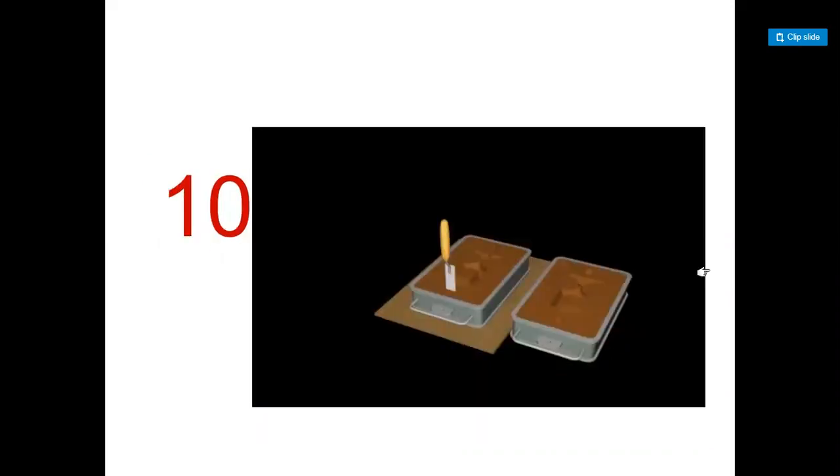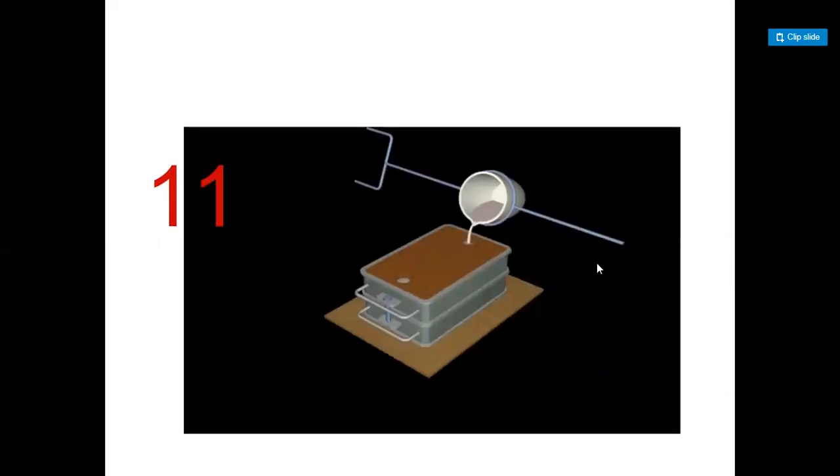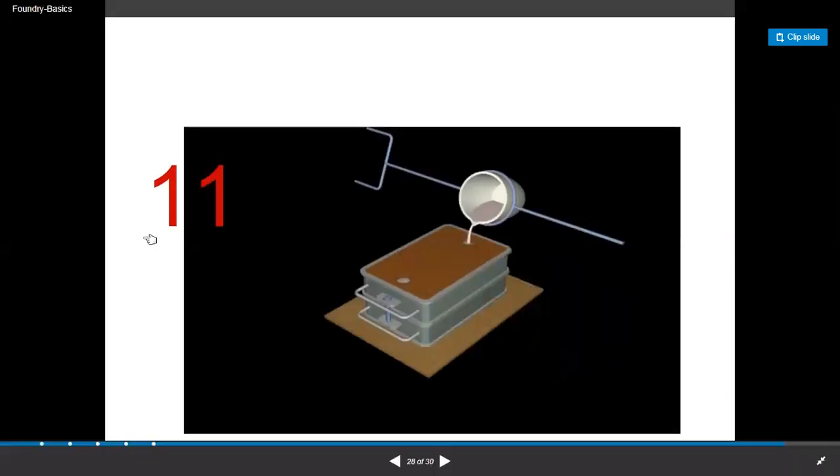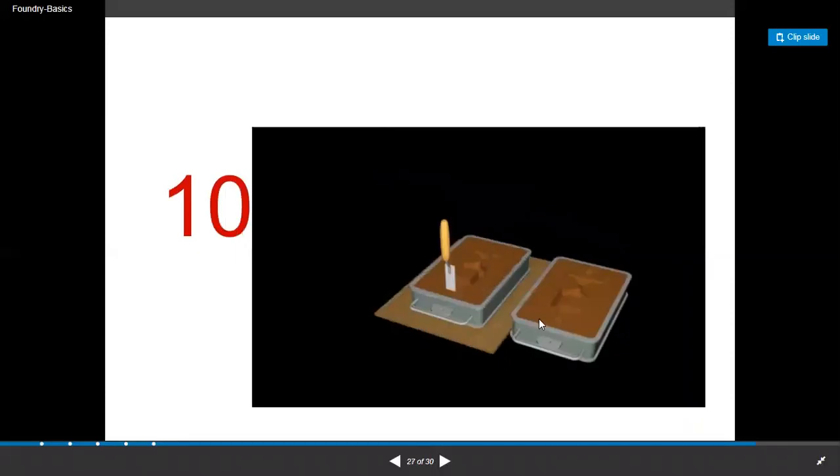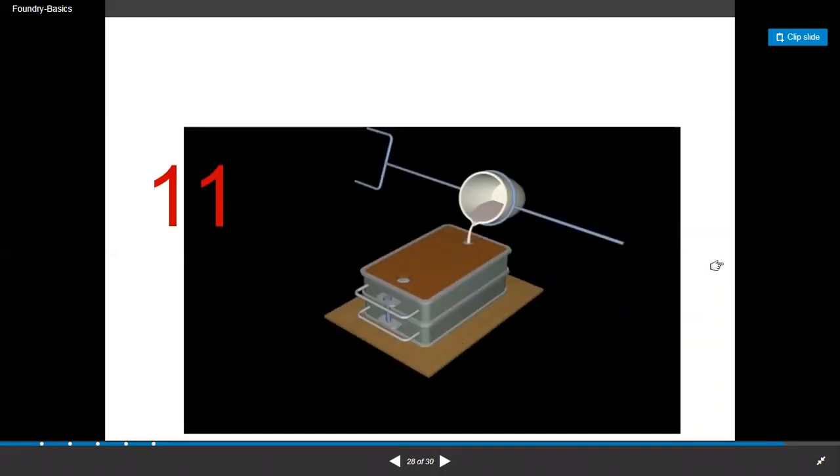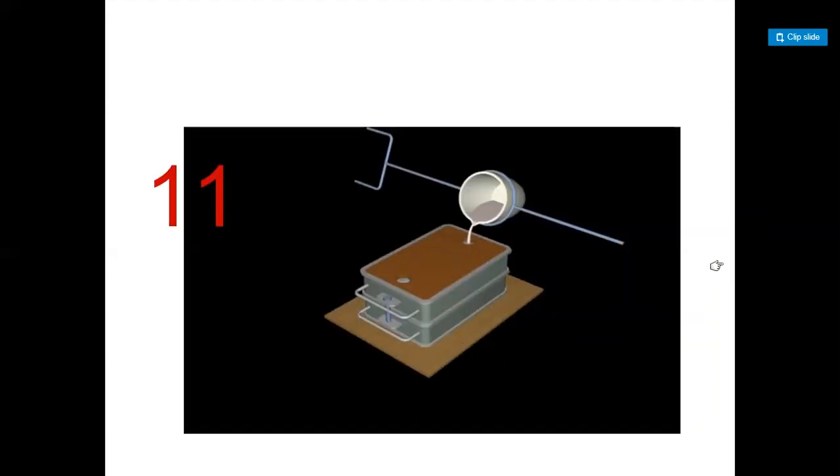In the 10th step, he maintains some gaps for the pattern. The cope box and drag box are separated, and he places the cope box and drag box one by one. Then he pours the molten metal into the box.